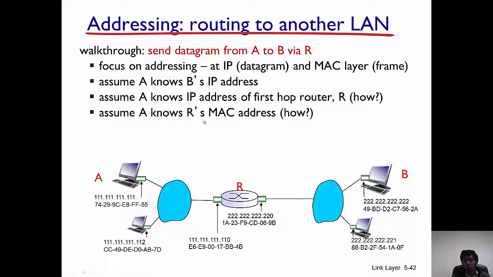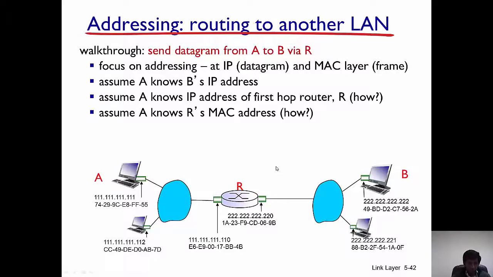A can know R's MAC address with the help of the ARP protocol. It can broadcast an ARP request asking who has this particular IP address, and then it would get a response back from R saying that this is its MAC address. So in this way, A can know both the IP address and the MAC address of R.